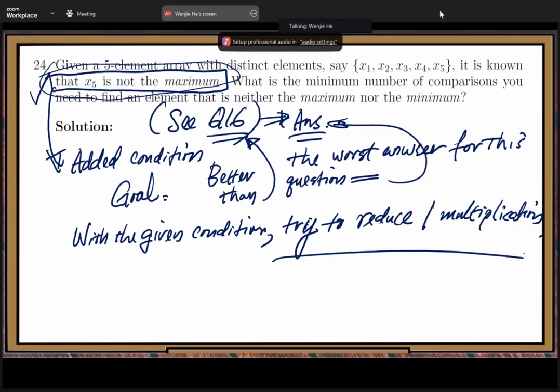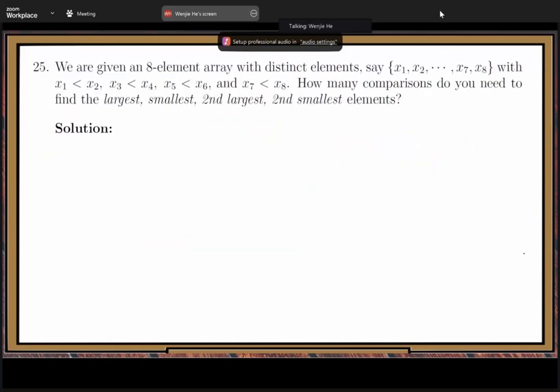Then, the last question. This one is the most challenging question of this assignment, so I put it at the end of the whole assignment. Largest, smallest, second largest, second smallest. Look at the case. If we only look at largest and smallest, then we have the solution, right?